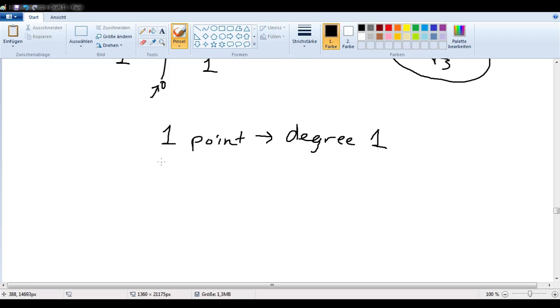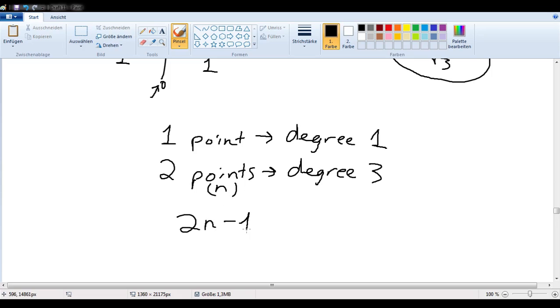And we've seen in the last few videos that if we have 2 points, we were able to exactly calculate the integrals up to degree 3. And it turns out this is a pattern. You take the number of points, let's call that n, and you subtract 1, and you get the degree of the polynomials that you can exactly integrate.